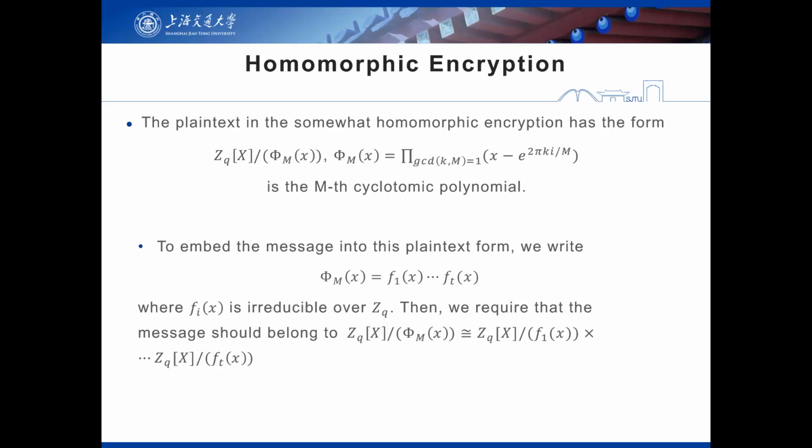Usually if q is a prime number, this ring could be splittable, and phi_m(X) usually splits into a product of linear polynomials. However, if q is 2^k, a prime power, it is not splittable. And usually we will write phi_m(X) as f1(X) times ... times ft(X), each one an irreducible polynomial.